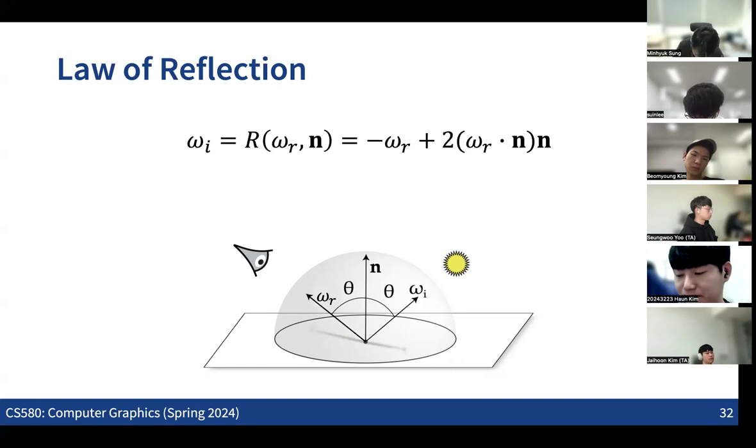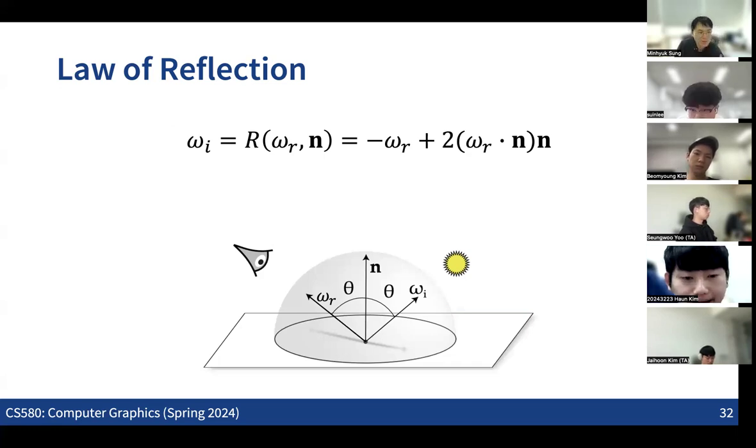So when we have the direction to the viewer and the incoming direction from the object, the azimuth is flipped by 180 degrees in this projected space. When you consider the elevation angle of the light for the ideal reflection case, we can compute the elevation of the outgoing and incoming directions with the law of reflection.